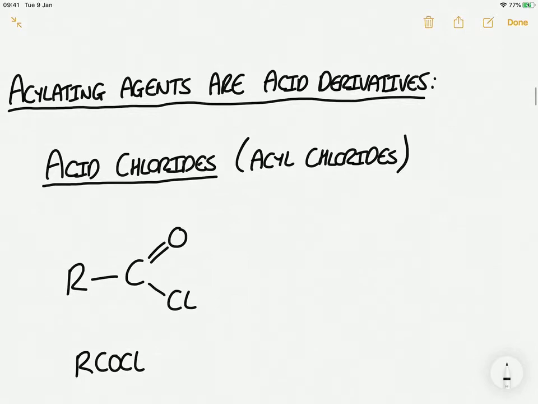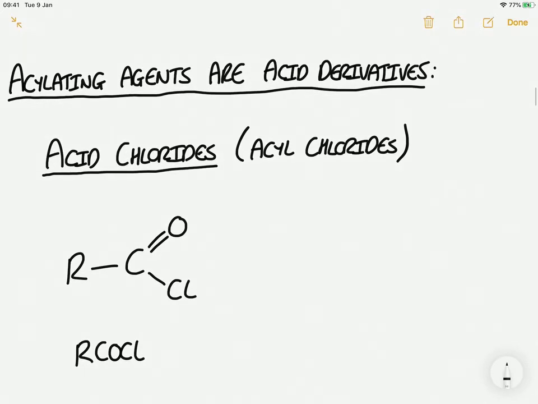The kinds of compounds that can do this are called acid derivatives, because they're derived from carboxylic acids. The first one that we're going to look at, and the one we're going to spend the most time with, is a class of compounds called acid chlorides, which are interchangeably called acyl chlorides. Just to be clear, those two names are for the same thing: acid chlorides is one name, acyl chlorides is another name, same molecules.